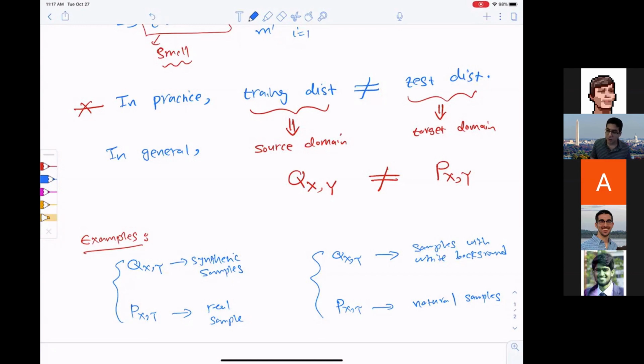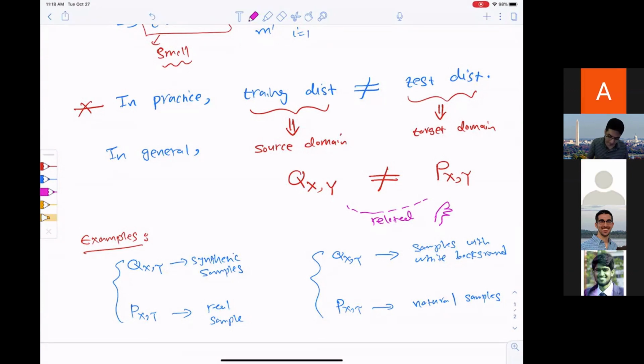One point that I want to make here is that when we are saying these distributions are different, I need to highlight that they are somehow related, in a hand-wavy fashion, because the distributions cannot be completely different.